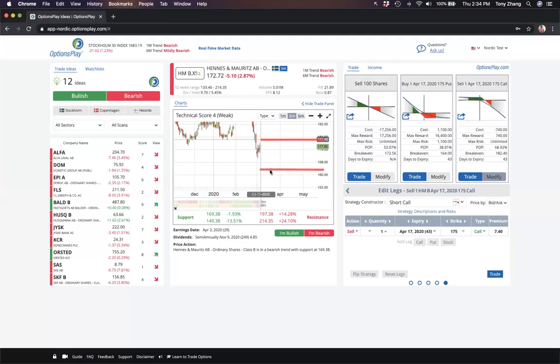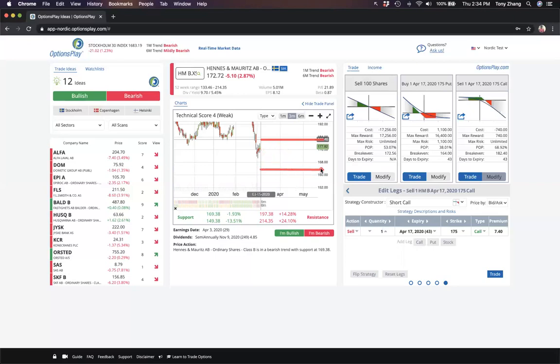So let's break this down. As a put buyer, I need the stock to move below this 164 level. So I'm bearish on the stock. It needs to move below 164. As a call seller, I just need the stock to be below 182. So just notice the distinct difference. As a put buyer, I need the stock to go below this bottom line.